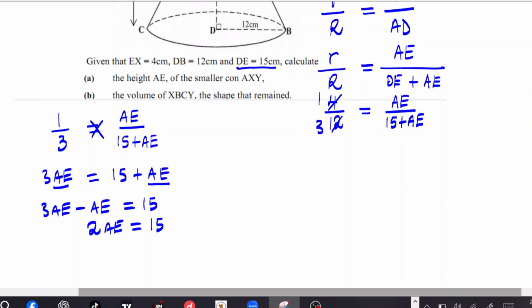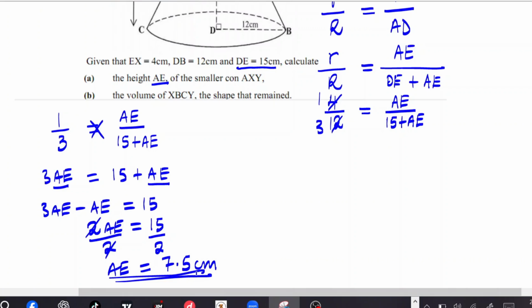Then we want AE according to the question, so to remain with AE, we divide by 2, even here by 2. So 2 in 2 will go, and we remain with AE equal to 15 over 2, 7.5 centimeters.